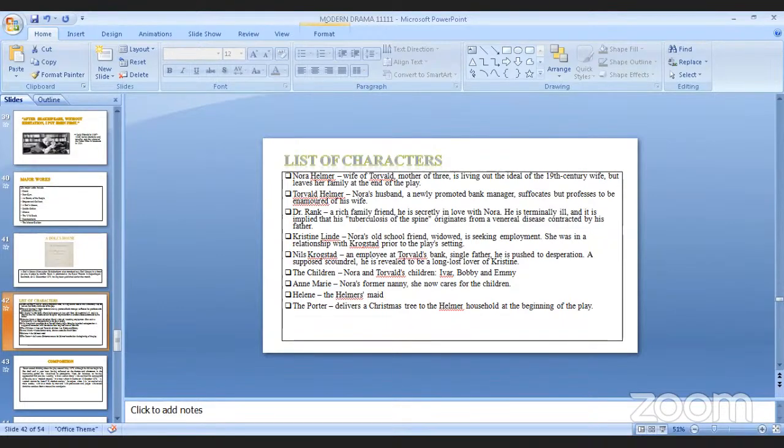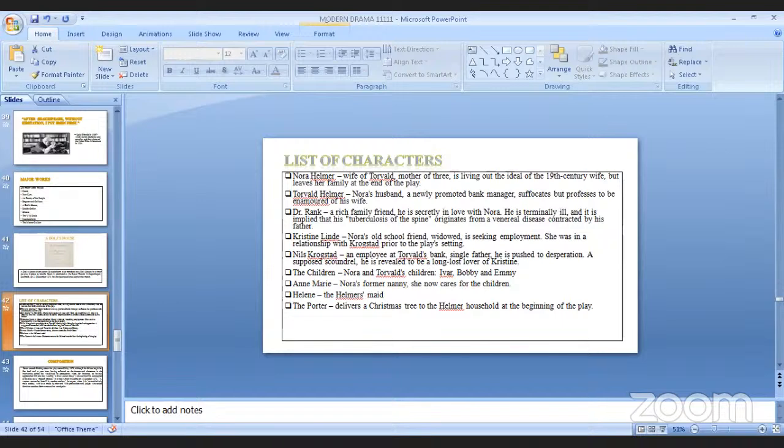Now, if I give you a glimpse into the plot, Nora and Torvald Helmer are a typical middle-class Norwegian household in the late 1870s, but the visit of an old friend of Nora named Kristine Linde and an employee of her husband, Nils Krogstad, soon exposes the cracks in their picture-perfect union. When Christine needs a job, she asks Nora for help, interceding for her with her husband.